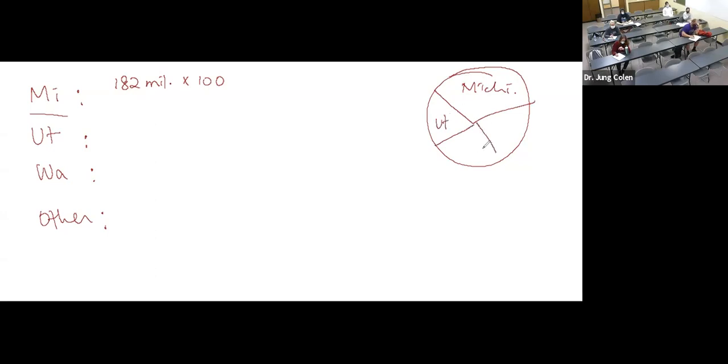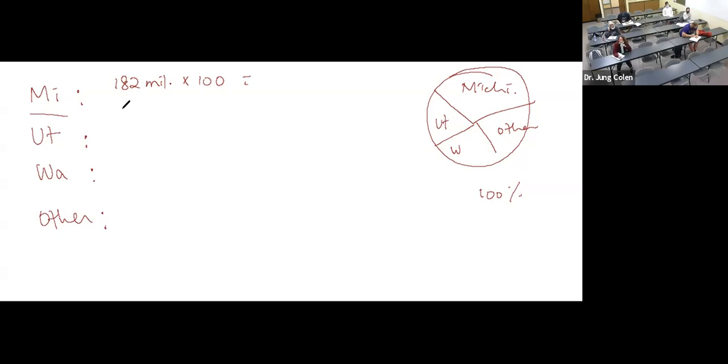Utah, Washington, and other states. If we combine all of these together, how many percent will that be? 100%. So each of the percentages should be less than 100. Does it make sense? Right? So if you multiply this by 100, what could that be? It's going to be 18,200 million. That doesn't make sense, right?